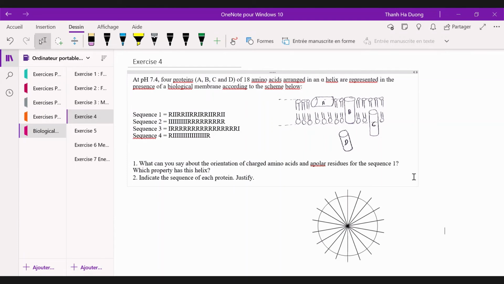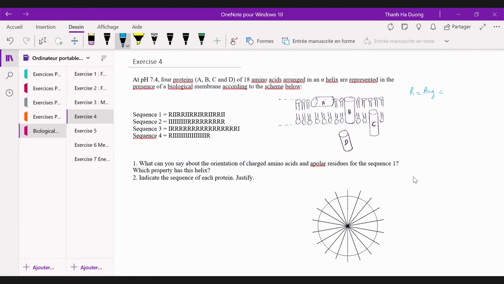So you have a protein composed of arginine R and isoleucine. Is arginine hydrophobic or hydrophilic? Arginine R, hydrophobic or hydrophilic?